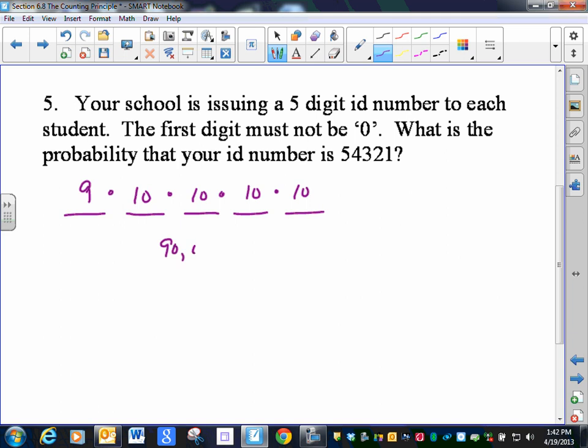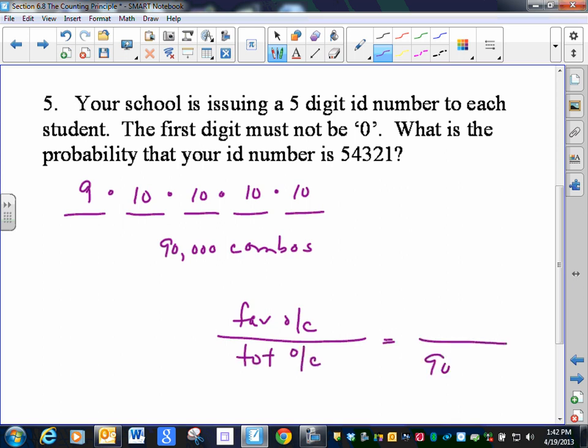And hopefully you could have done that with exponents, powers of 10. 90,000 combos. That becomes the denominator of our favorable outcomes over total outcomes. So the 90,000 is the total possibilities, and there's only one out of those 90,000 that's unique to you.